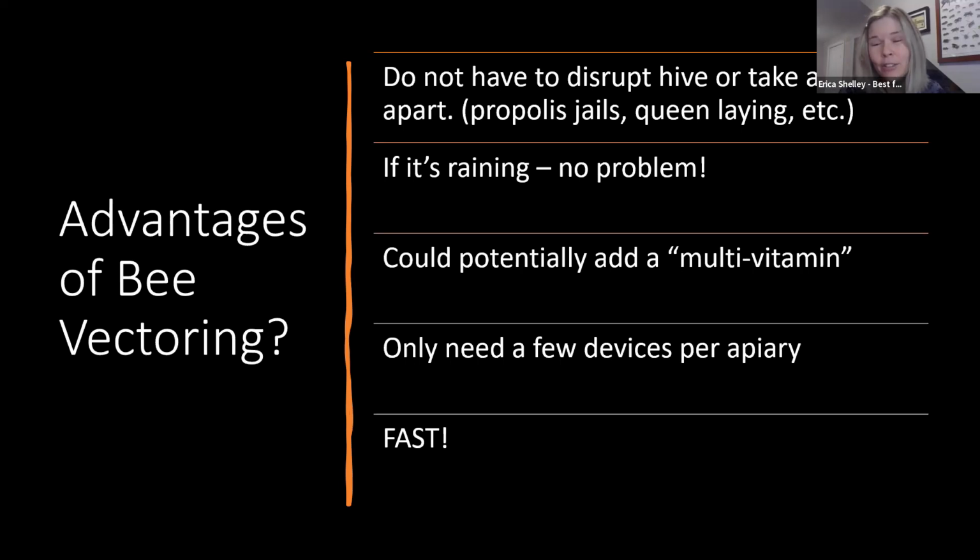And you might only need a few devices per apiary if you move your bee vectoring devices around. And as I mentioned, it's fast. When we do our bee vectoring, it takes us less than a minute to actually add the powder. Within 6 hours, the bees have emptied it, and it's done. So that's a pretty fantastic advantage as well.